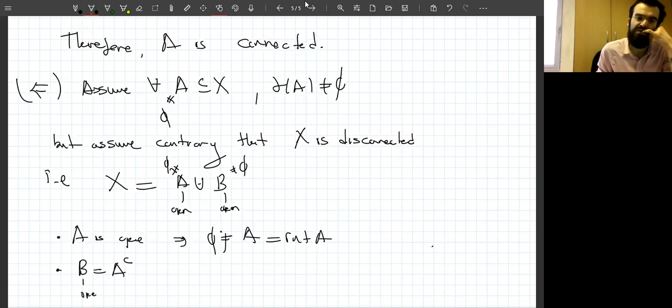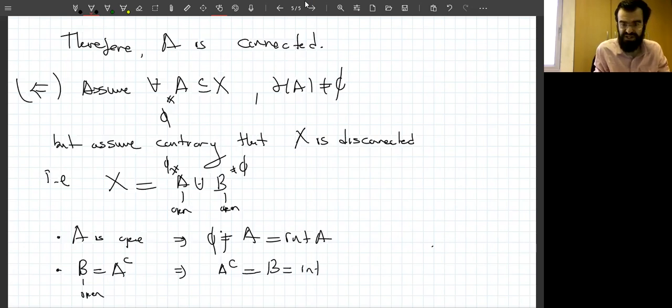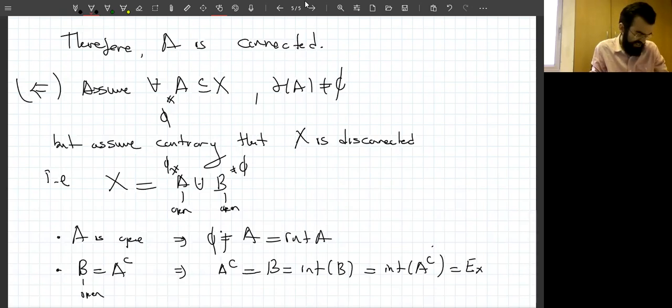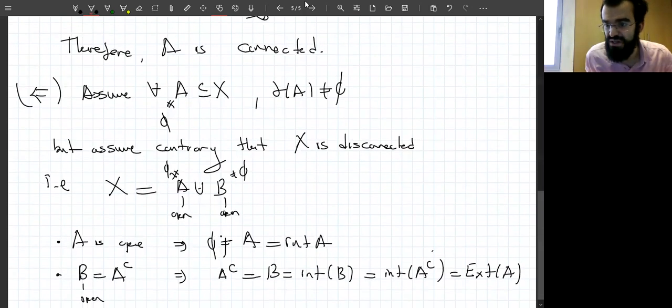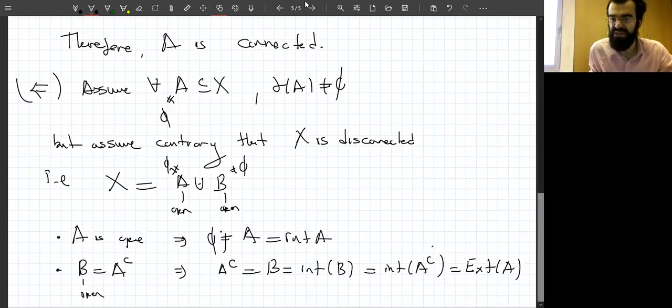This is open, so A complement is B, but B is open, so interior B equals interior of A complement as B equals A complement, but this is exterior A. So A complement is exterior A, which is B, and they are non-empty.